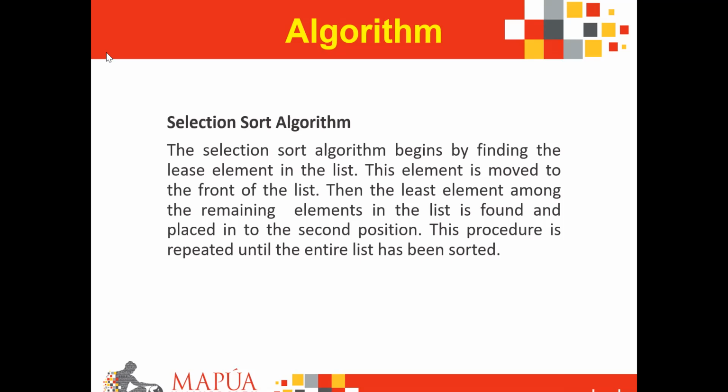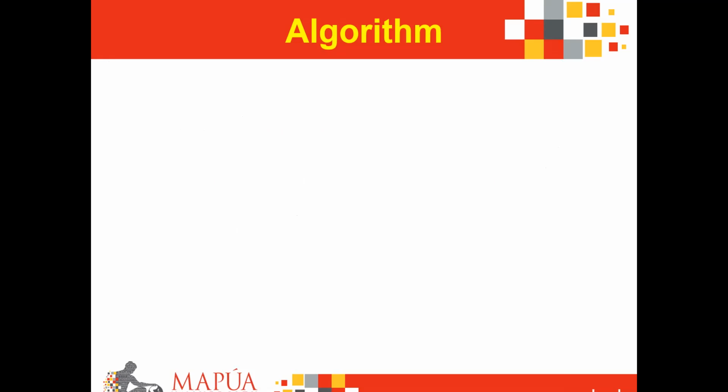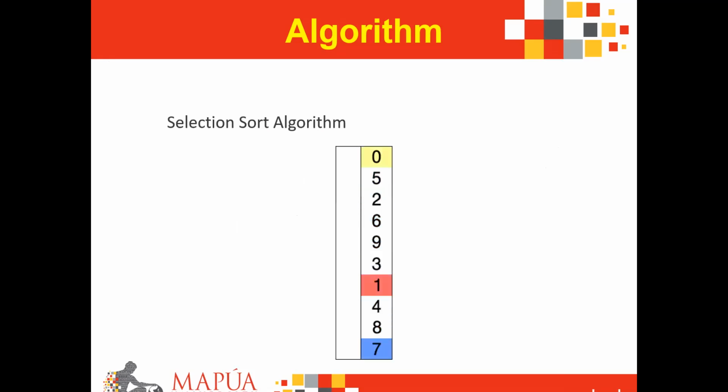Okay, and then the algorithm goes back to the list, looking again for the lowest value in your corresponding list, and then placing it in the second position, and so on and so forth. This is an example of your selection sort algorithm.